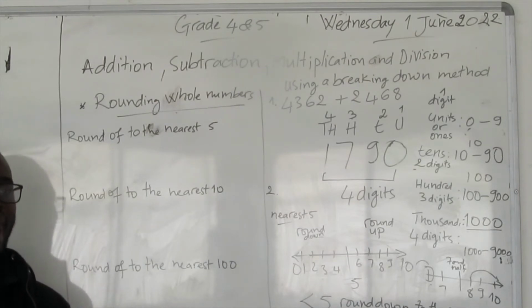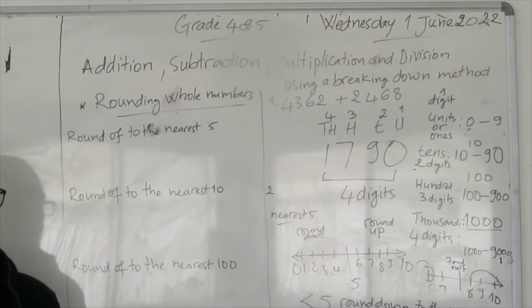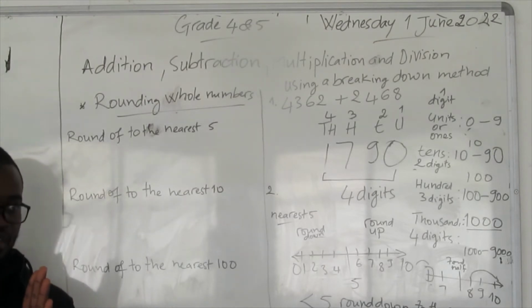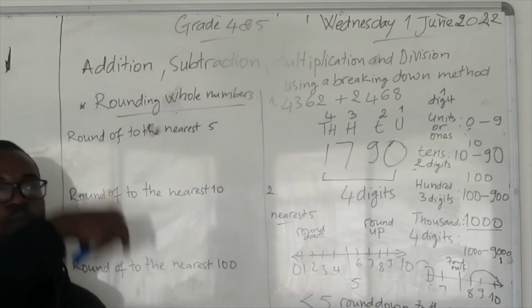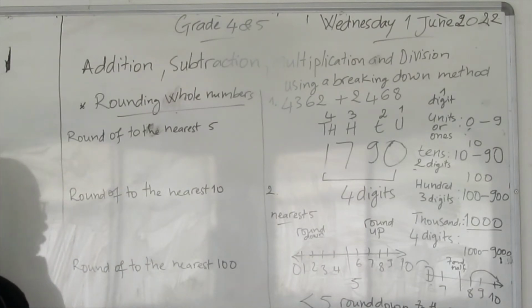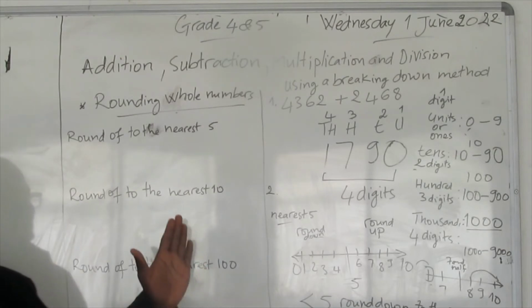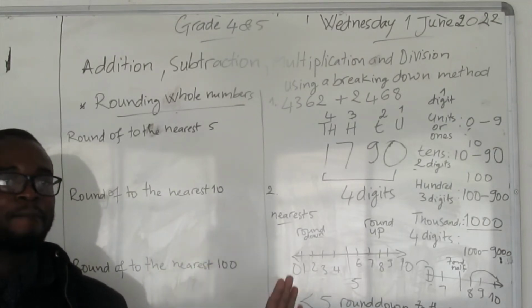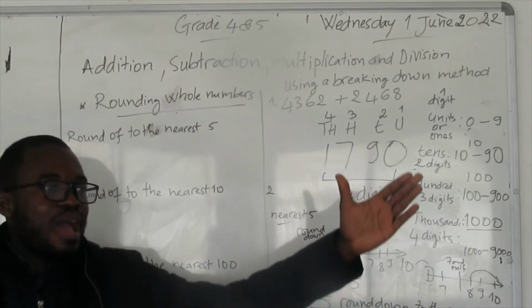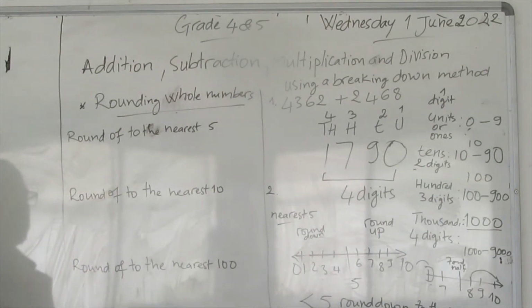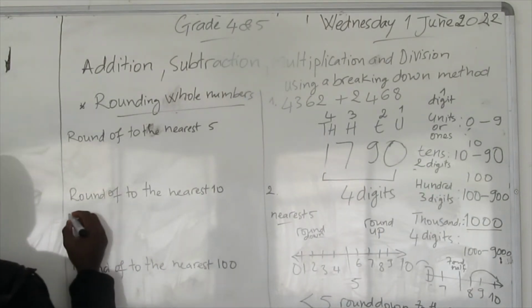If it's more than half, you round up as well. If it's less than 5, you round down to the previous one. So the first thing you must do here is to find the interval of the number. You understand? Where the number is located.